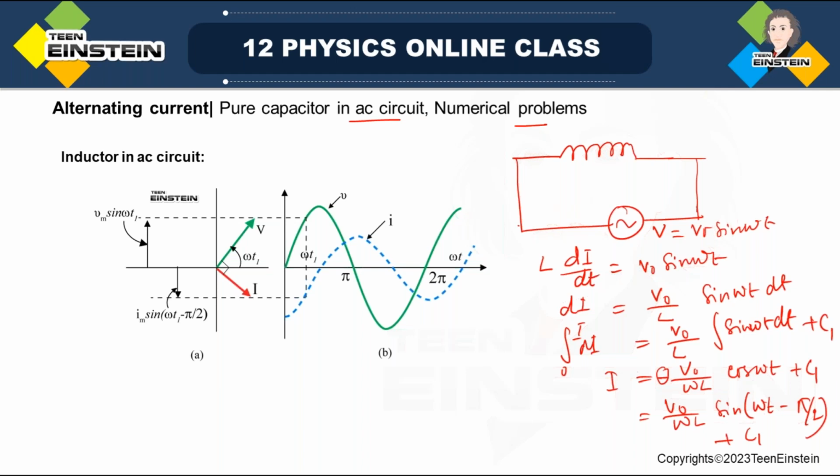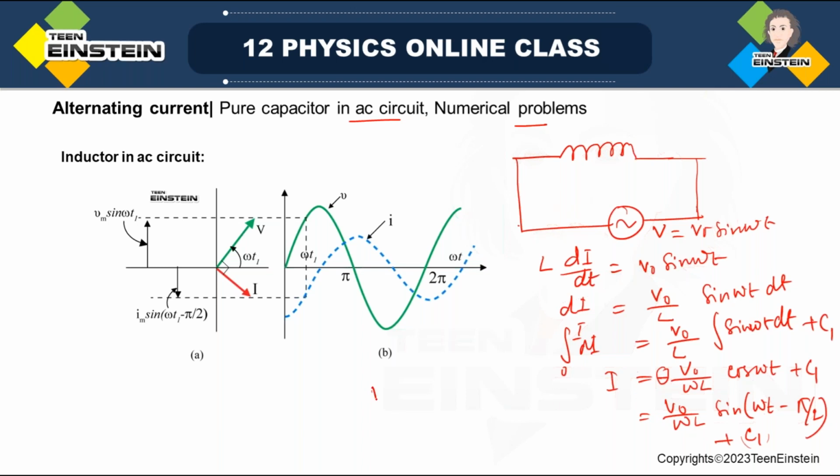And see, these are all time varying quantities. If you take the time average of this constant, it doesn't mean anything. Since it is not a time varying quantity, we are not considering this as a quantity. So this C1 is a constant quantity, but we are interested in the alternating part of the current.